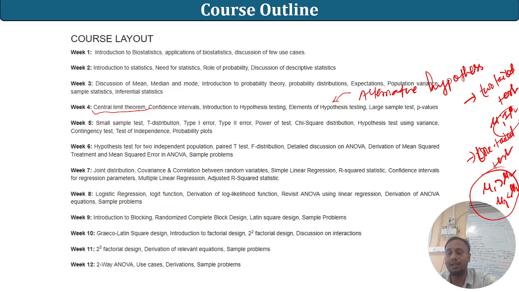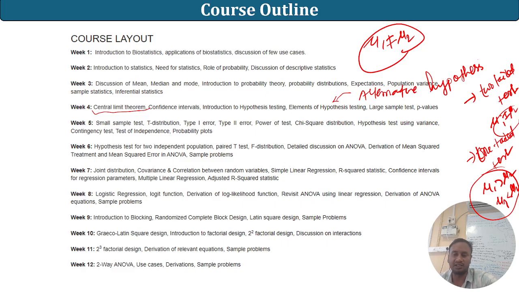So for the alternate hypothesis, whenever we talk about any change or differences, there are three possibilities. One, we say there is no difference. That is the status quo, which we define as the null hypothesis. Second, we say there is a difference, so we say mu1 is not equal to mu2, and we do not say which one is more or which one is less.